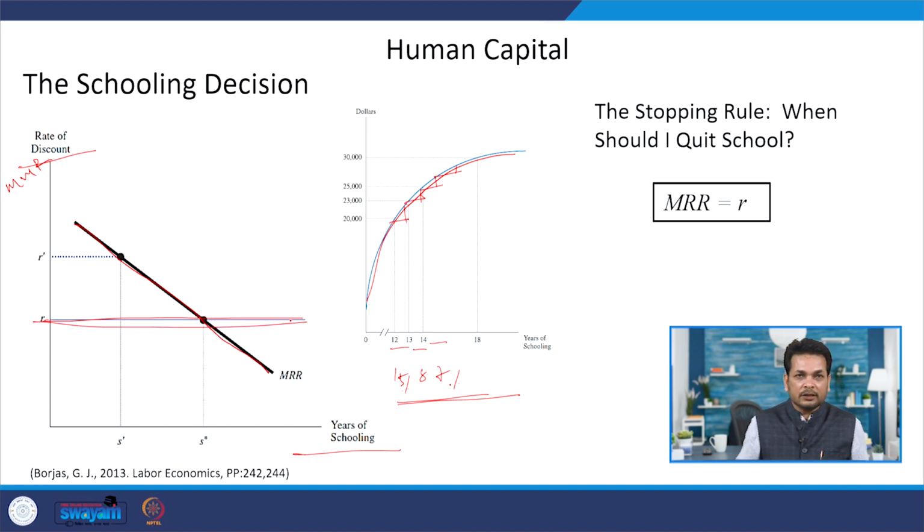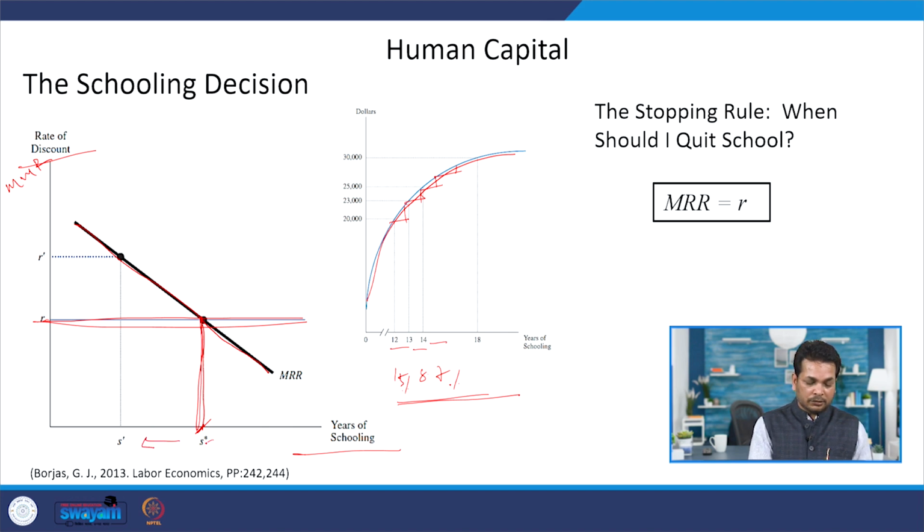Now, how many years of schooling should the individual have? S star is the number of years of schooling one should choose, by which he can maximize his future returns in terms of present value. So, the question is why S star, and why not any year of schooling before or after S star.